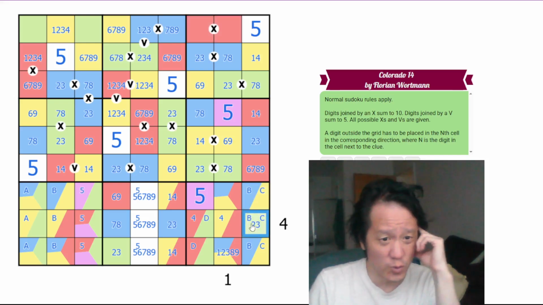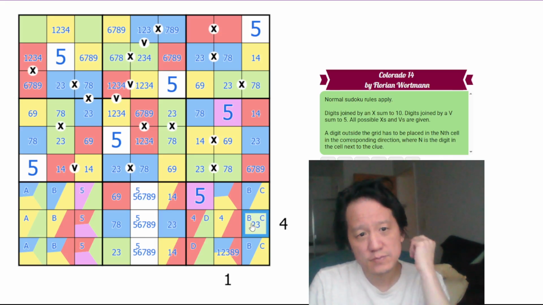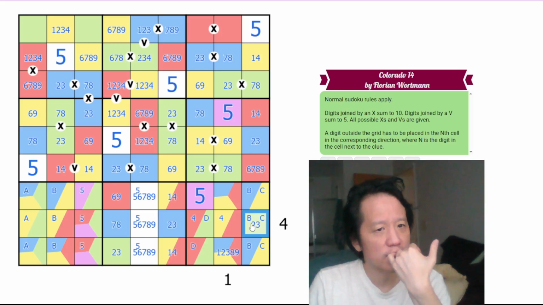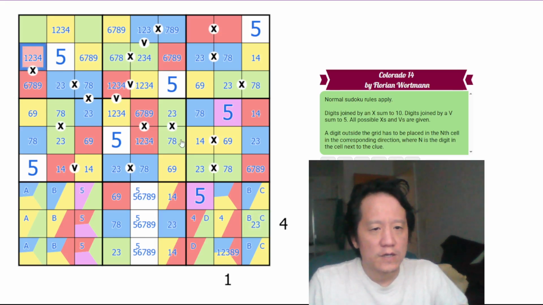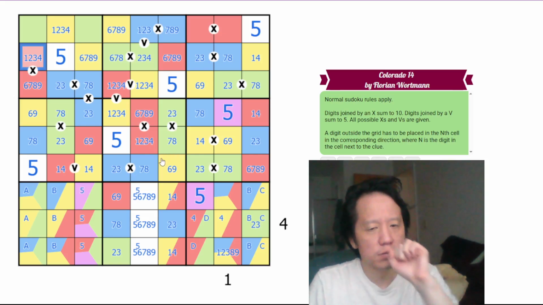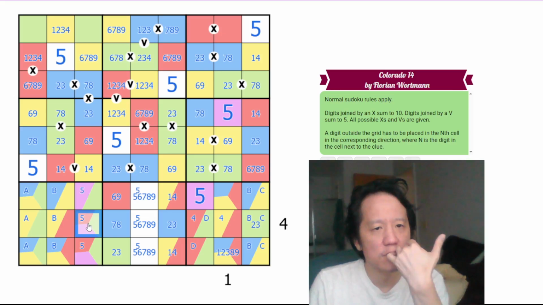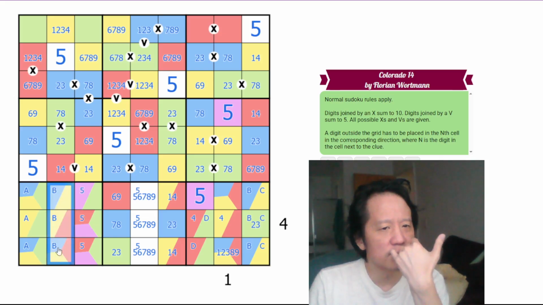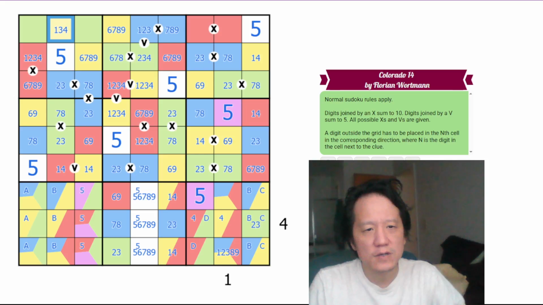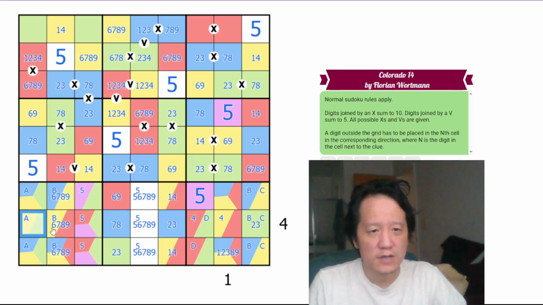So far, this is looking okay. So neither of these could be the 4. So this would be 1 and 4. This would definitely be 6, 7, 8, and 9. This would be 6 or 9 specifically.